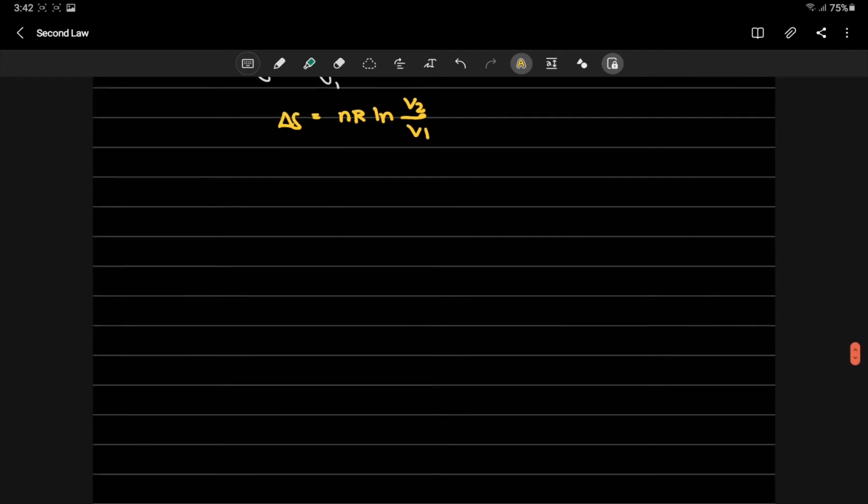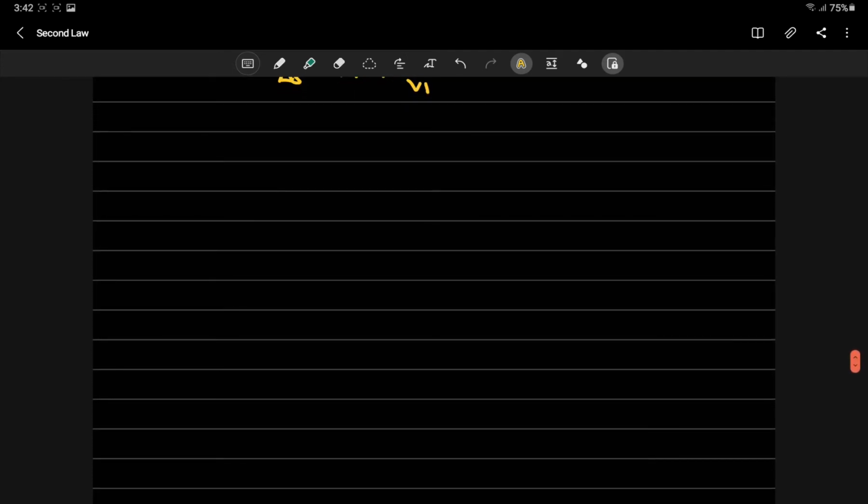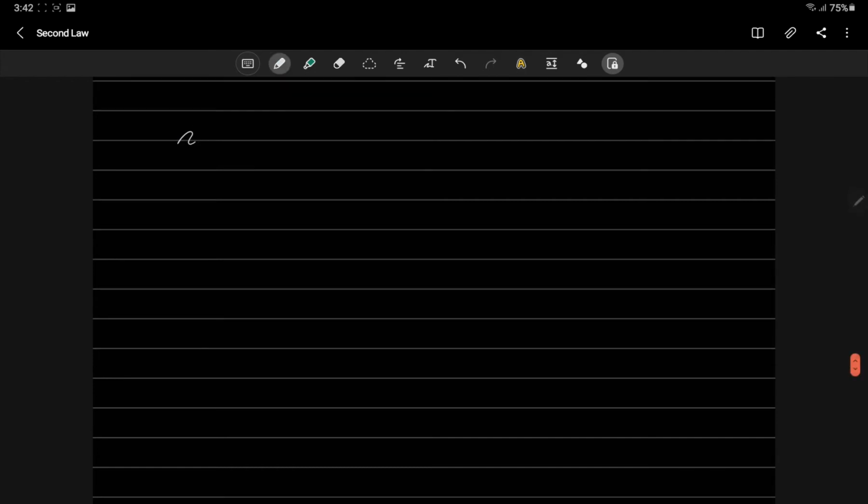Now, what if ang isusunod natin is yung entropy ay function naman ni temperature din, pero this time with pressure. So, what will happen? Kapag ganyan yung ating function, maybe we can start with enthalpy.